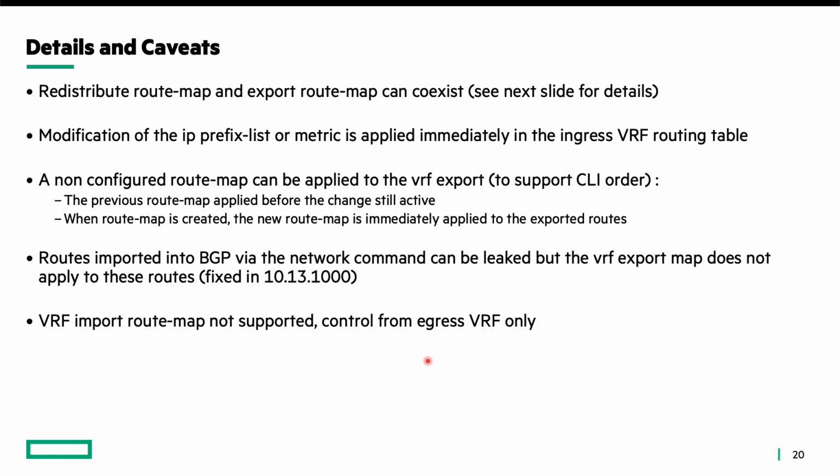Import route map. Now we are speaking a lot about the AOS route map that targets export, but what about import? It's not planned as of today. We can evaluate it with a use case.